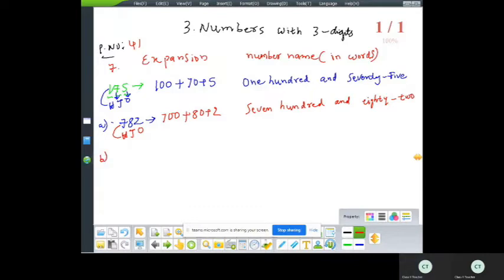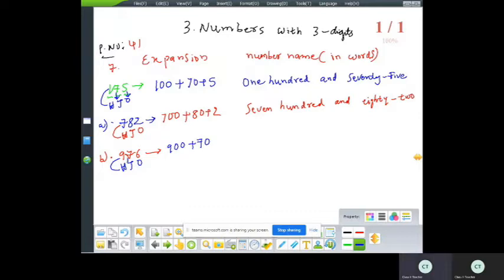Now B, 976. First we look at the place value of the digits in the number: 1, 10, 100. The digit in 100 place is 9, 900. The digit in 10th place is 7, 10, 70.